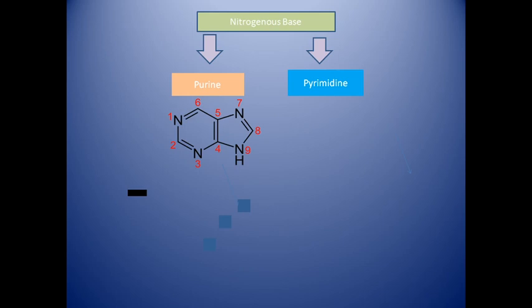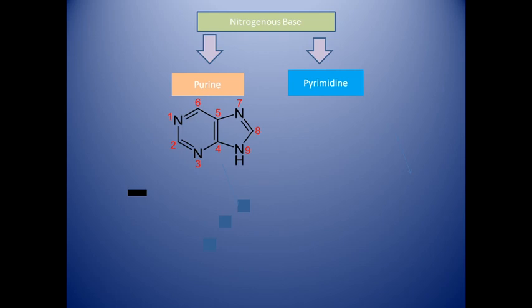Okay, now firstly coming to its first component, that is the nitrogenous base. As you have seen in the structure of DNA, it can be a purine or a pyrimidine. Purine, as you know, is a two-ringed structure, and its numbering goes 1, 2, 3, 4, 5, 6, 7, 8, 9.